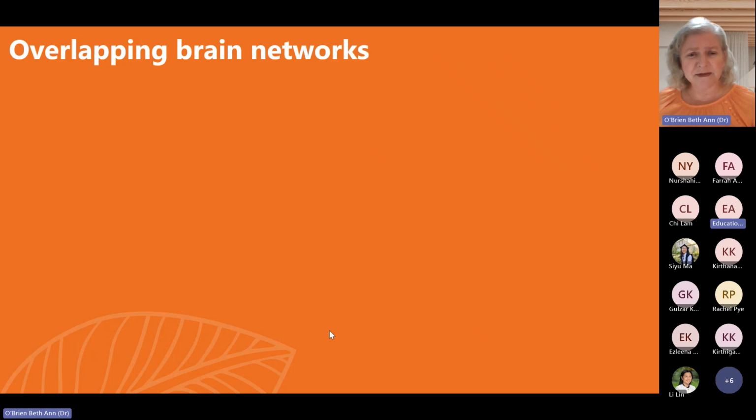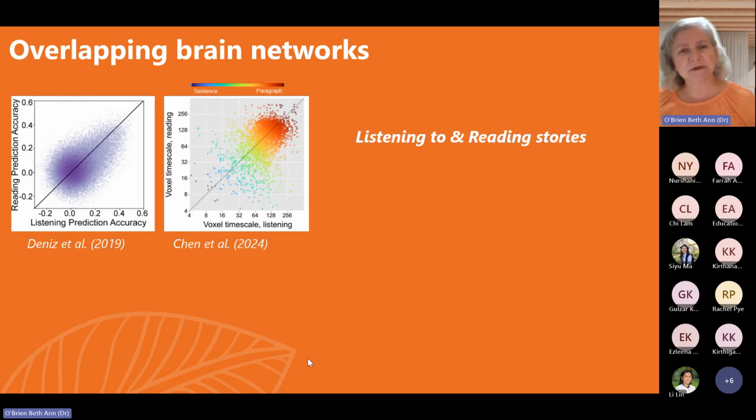I'll touch on some neuroscience findings because it's a personal interest of mine. For this set of studies, some researchers have looked at brain areas that are related to processing semantic meaning. They conducted studies where participants both listened to stories and then also read those same stories in print.